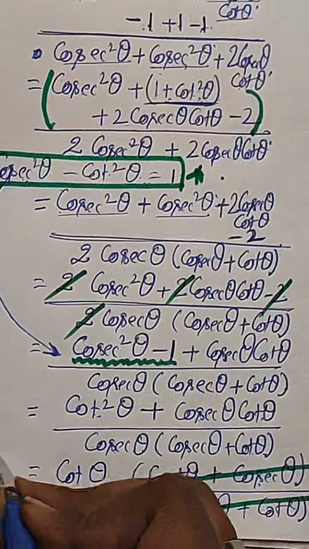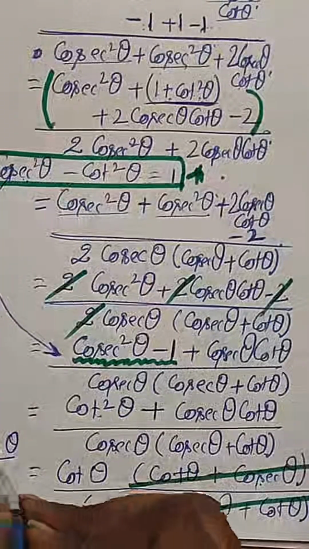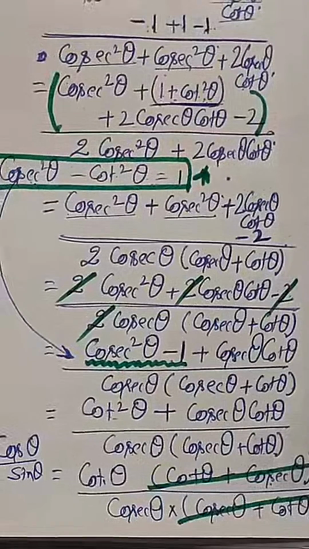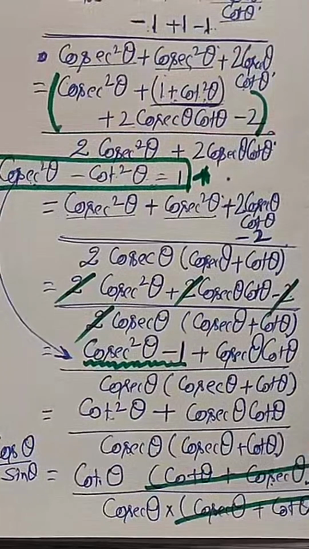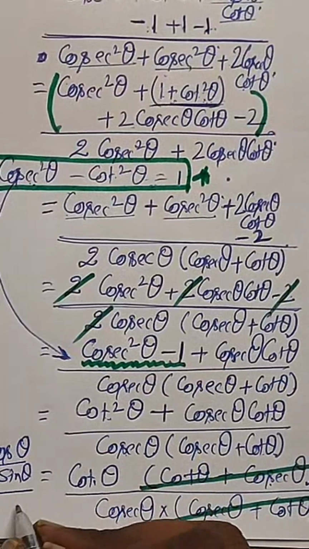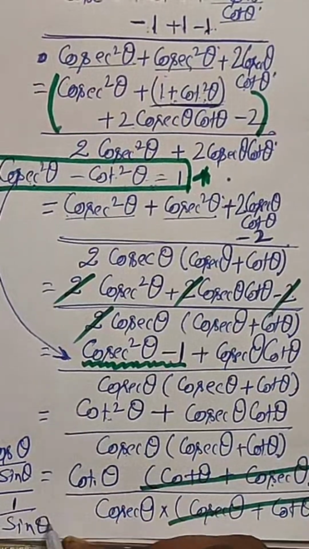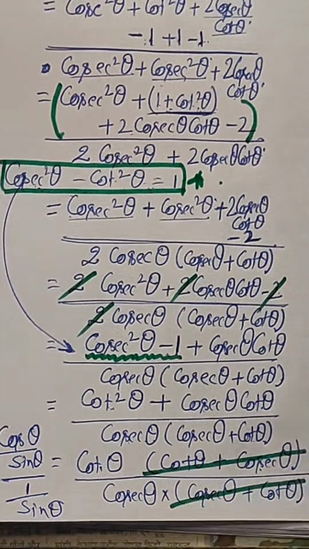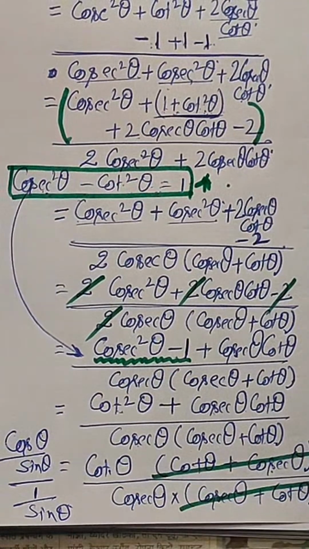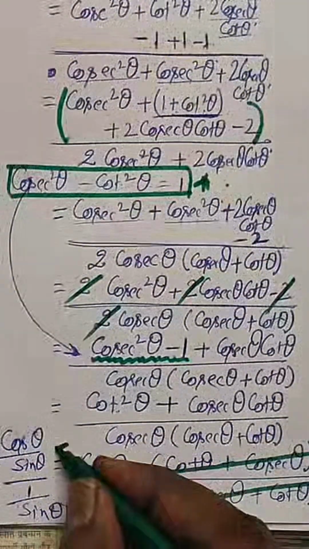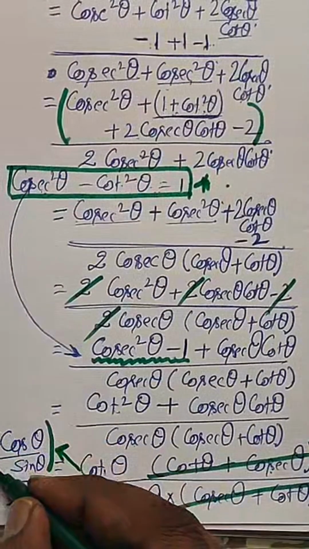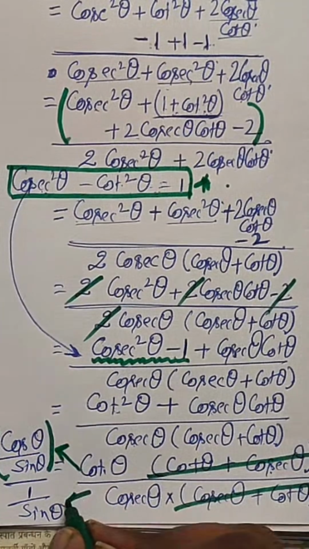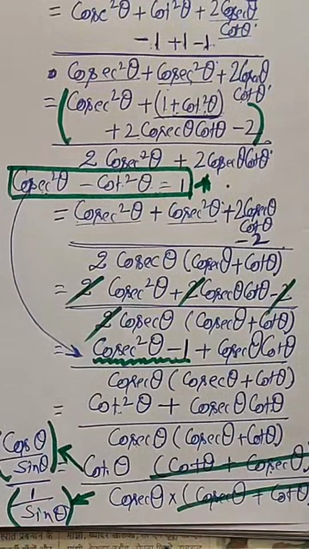Is it visible to you? Right? So this cot theta can be written as cos theta by sin theta, and this cosec theta can be written as 1 by sin theta.